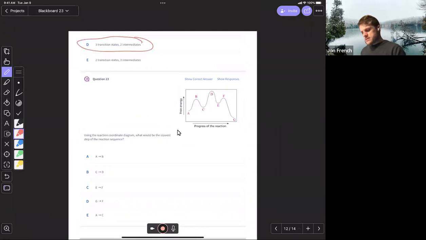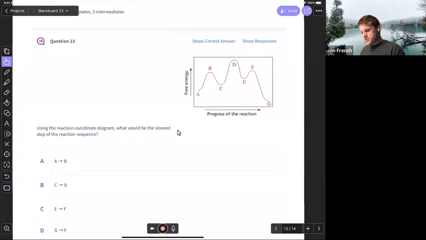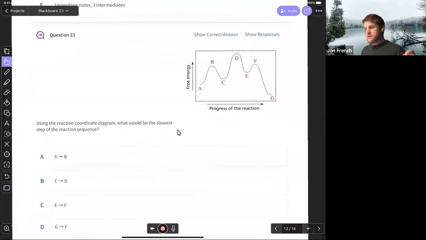Question 23 is a little bit tricky in that reaction coordinate diagrams can go left to right or right to left. We can take the reaction either way because all these reactions are reversible. So using the reaction coordinate diagram, which would be the slowest step of the reaction? The slowest step of the reaction is the highest activation energy, the highest hill in that reaction.